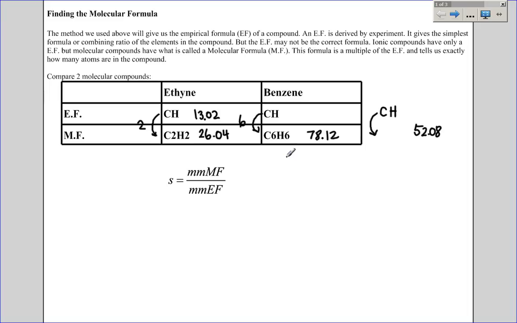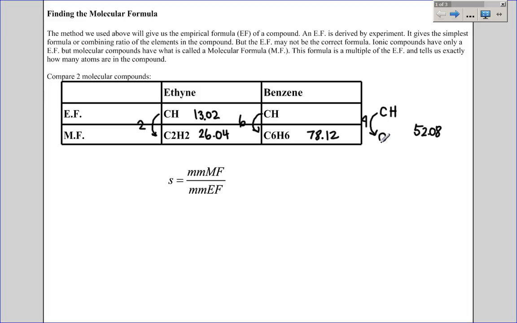And as Kane sang, we're going to take the molar mass of the molecular formula, which in this case is 52.08, and we're going to divide by the molar mass of the empirical formula, which in this case is 13.02. What we find here is that we get the whole number 4, and you should always be expecting some kind of whole number here.